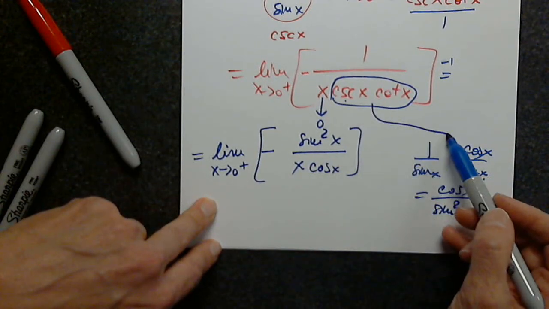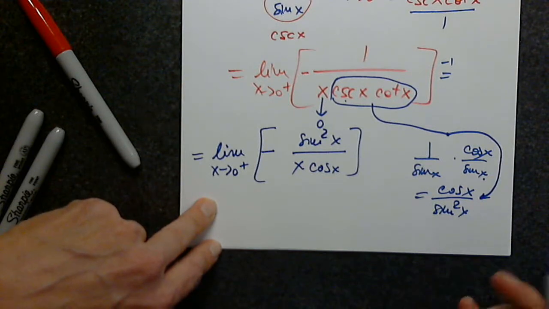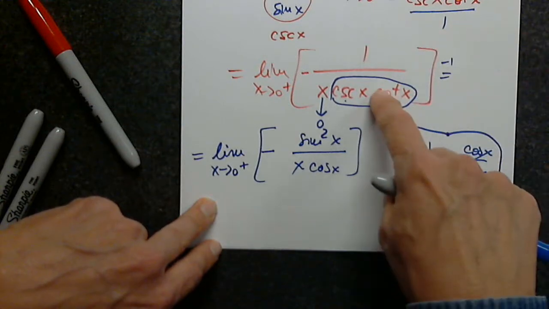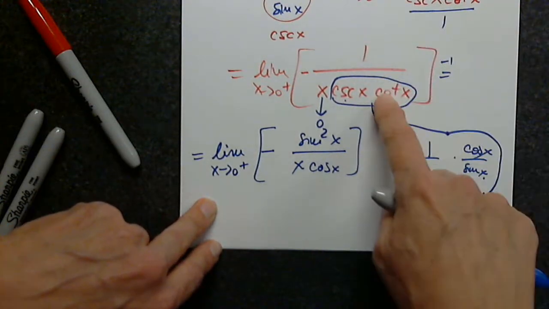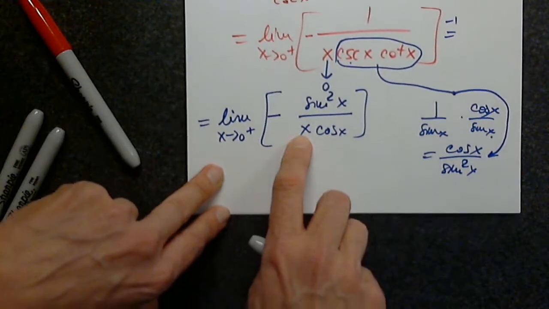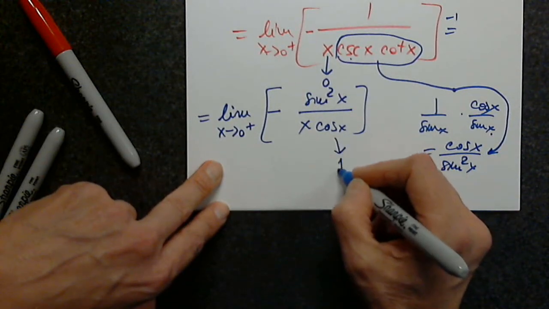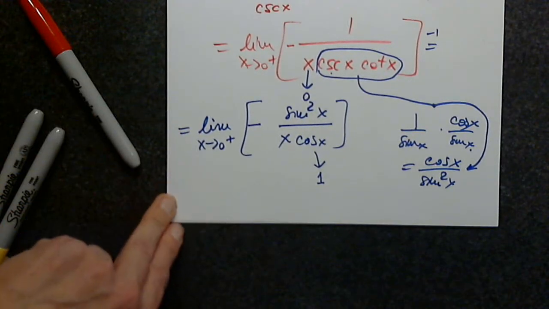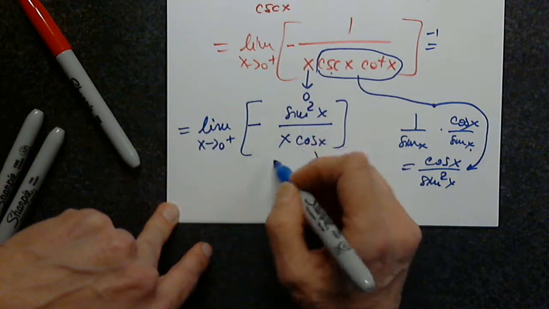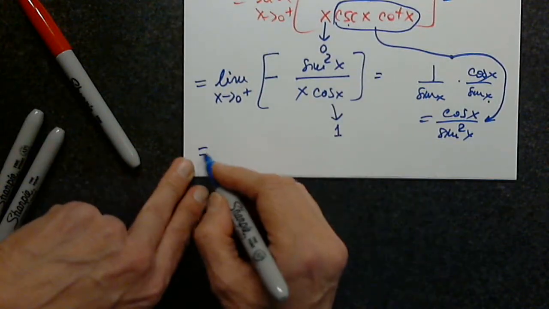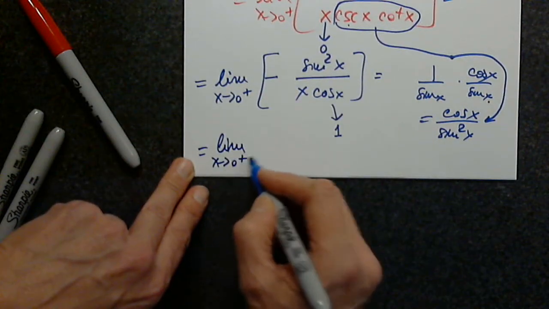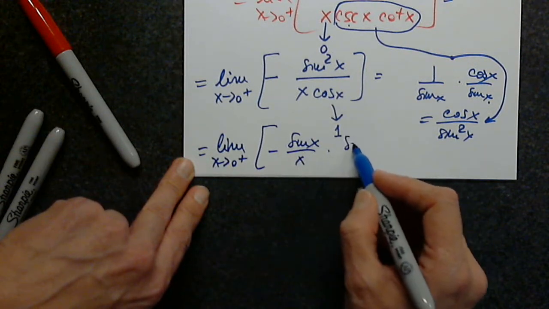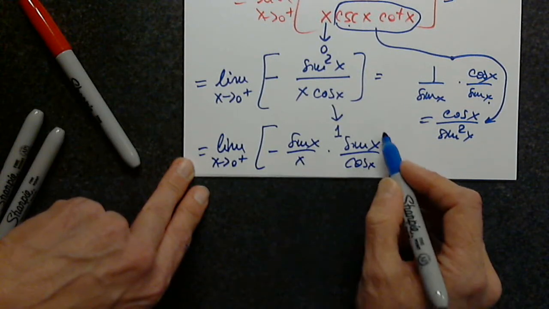So all this is this fraction. When I divide by it, I have to flip it because it's cosine over sine squared, so it's sine squared over cosine with x in front. There is no problem, it approaches 1. I don't even really have to use L'Hopital's rule here. I will split this into sine over x, the limit as x approaches 0 from the right of negative sine x over x times sine x over cosine x.